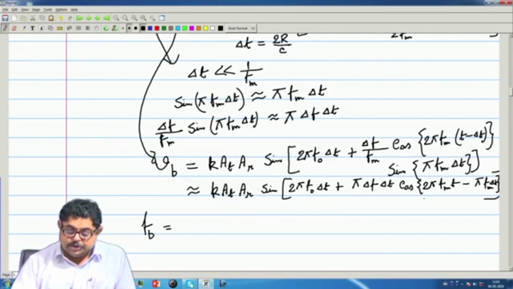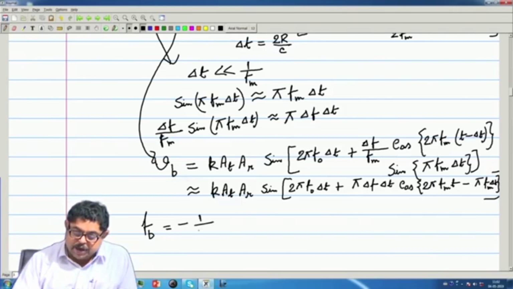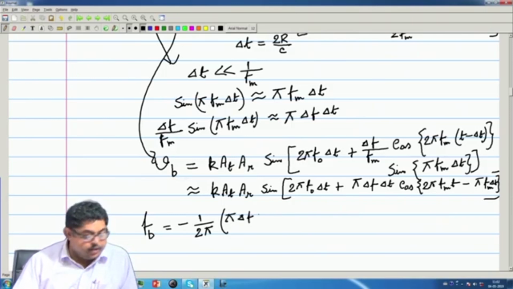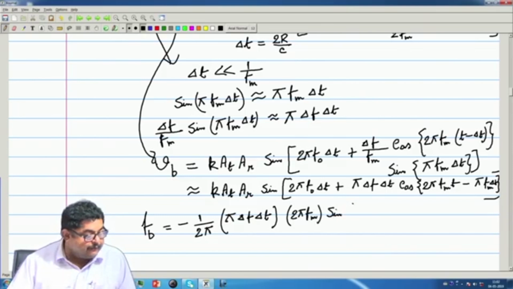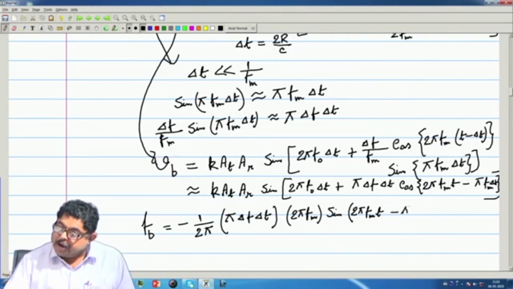So, cos, if I differentiate, there will be a minus sign due to that from angular frequency, and then I have this π Δf Δt, then 2π f_m, then sine 2π f_m t minus π f_m Δt.